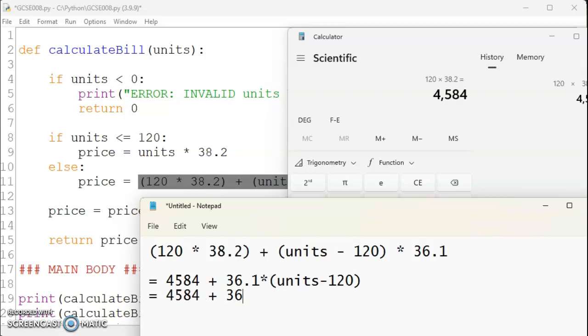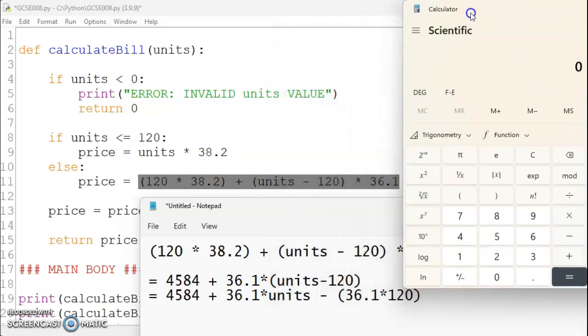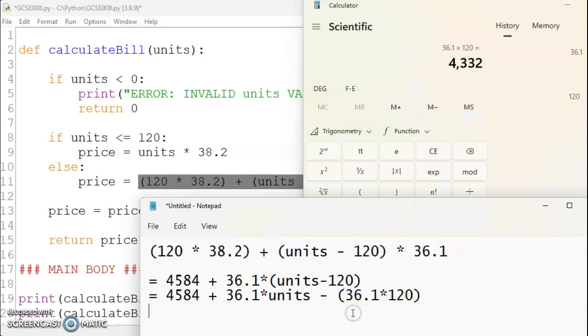So it's the number of units take away 120, which can be expanded to say 4,584 plus 36.1 multiplied by the units value, take away 36.1 multiplied by 120. And again, by the use of the calculator, if we just clear the calculator, if we say 36.1 multiplied by 120, we get our 4332, and we can therefore change that value to 4332, copying the whole thing out like this, take away a single literal value of 4332.